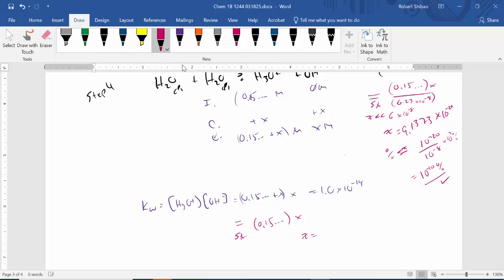I don't think your calculator can do this, but let's see if mine can. 3, 6, 7, 8, 9, and that was 137, equals. Okay, and then I get this. I get an X of 6.6663 times 10 to the negative 14.